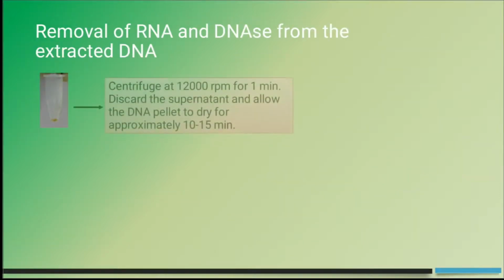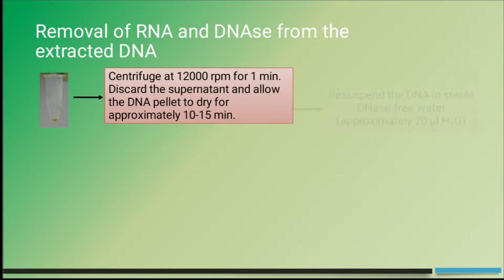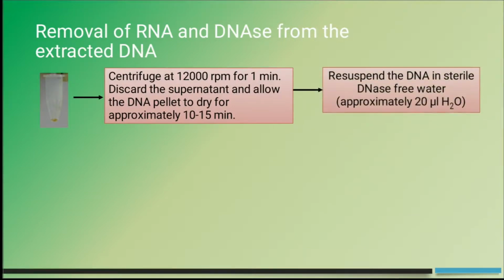Another step in DNA isolation is removal of RNA and inactivation of DNase. When we plan to store the DNA molecules for a long time, it is advisable to remove the RNA molecules and inactivate the DNase. Otherwise, over a period of time, DNA molecules will be degraded.